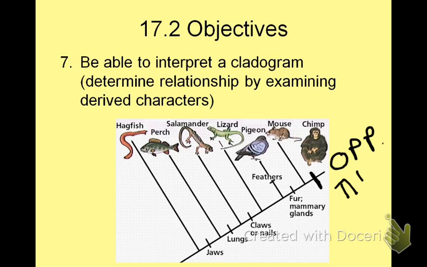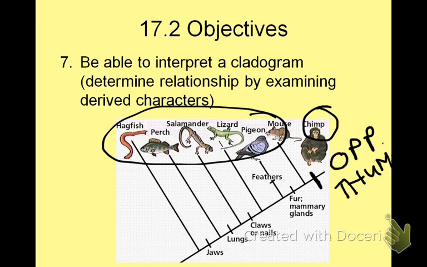You can use it to grasp things. Opposable thumb could be a derived character that separates the chimp from everybody else. So this is a cladogram. Let me know in class if you have any questions about this.